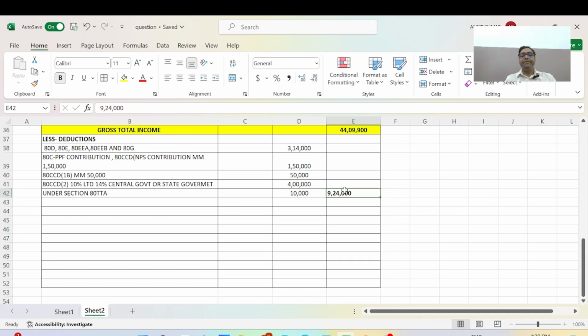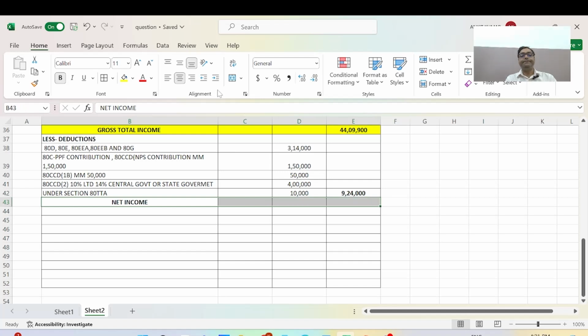This amount is the deduction on the tax section. Now we will calculate the net income. This is our net income.